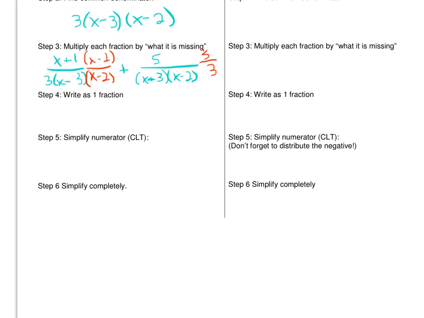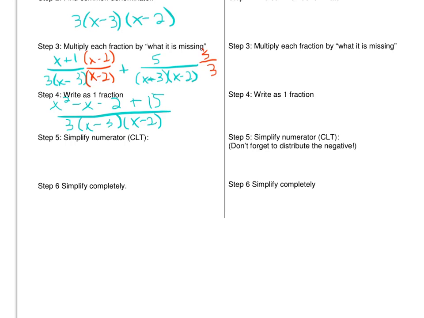And it makes the denominator common, which is what I need. I need the common denominator. So, this top one needs to be FOILed. So x squared minus, because it's minus 2x plus x, so minus x minus 2 plus 15, all over 3x minus 3, x minus 2.